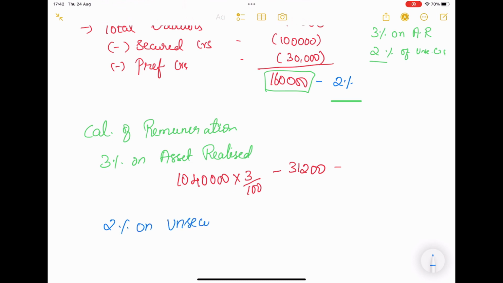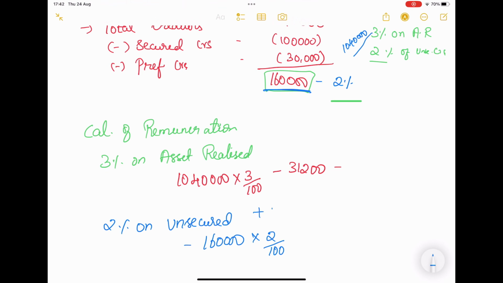See, the value of unsecured creditors is 1,60,000, isn't it? So 1,60,000 into 2%. Why am I calculating directly? Because asset realized is 10,40,000, so I am having excess value. So easily we can calculate. Yes, wait. This is only for unsecured creditors.